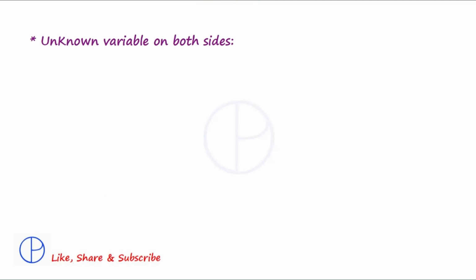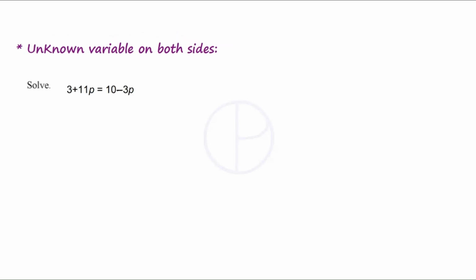Next, how to solve a linear equation when the unknown variable is on both sides. Let me explain with an example. 3 plus 11p is equal to 10 minus 3p. Here we have the unknown variable p on both sides.